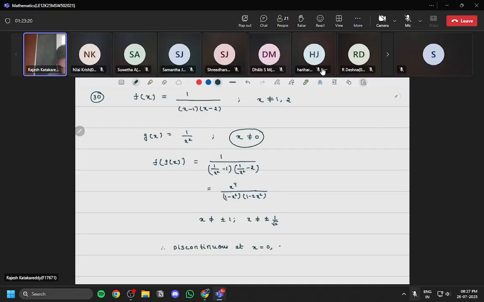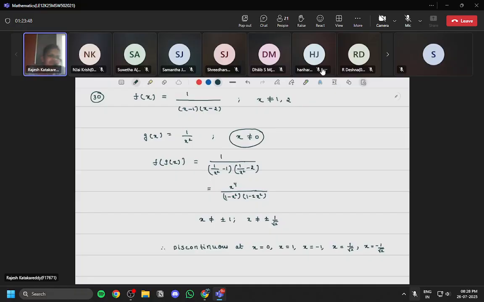So if somebody asks you, my dear students, what kind of discontinuity this function has at these points, what will you say? Can anybody name the type of discontinuity the function f composition g has at 0, 1, minus 1, 1 by root 2 and minus 1 by root 2?